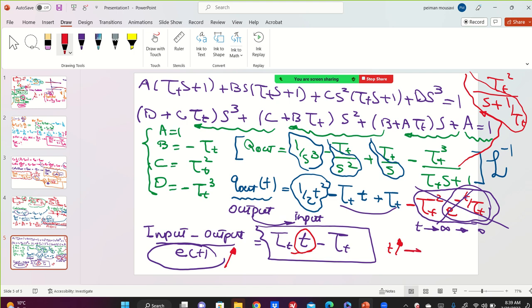When time goes to infinity, the error signal eventually will go to infinity. So despite the input of the ramp in parabolic input, the error signal is not bounded. It's an unbounded error signal. It increases.